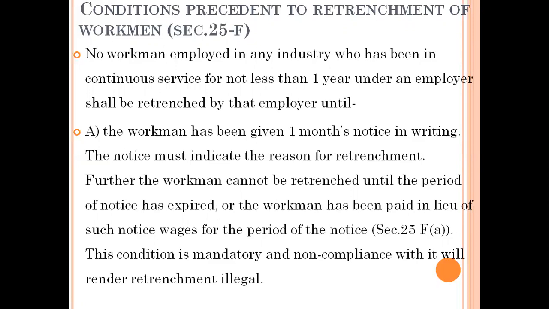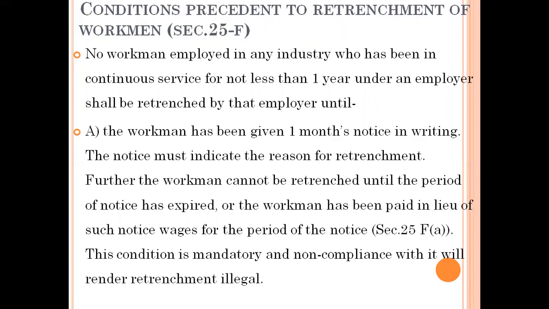The notice must indicate the reason for retrenchment. Further, the workman cannot be retrenched until the period of notice has expired, or the workman has been paid in lieu of such notice wages for the period of the notice.